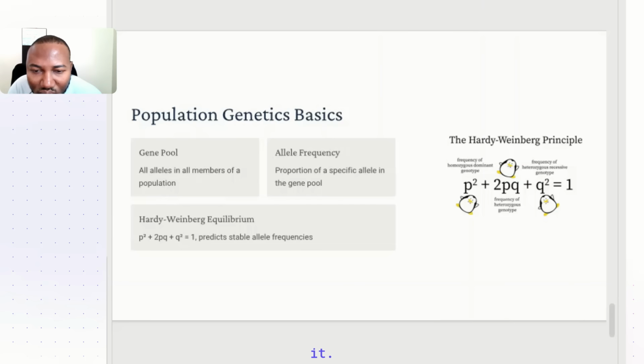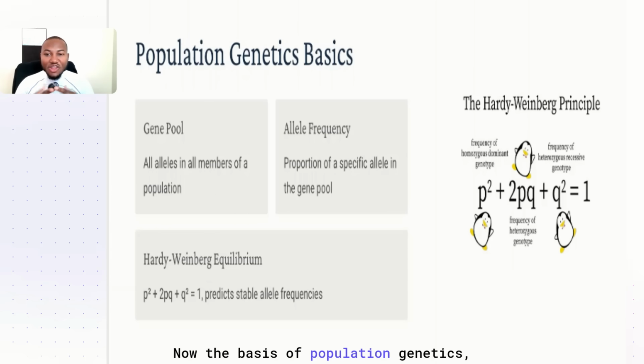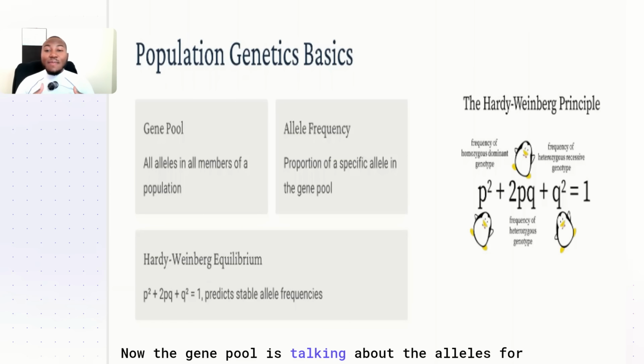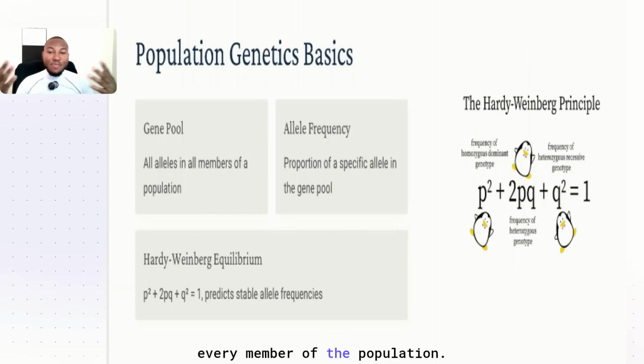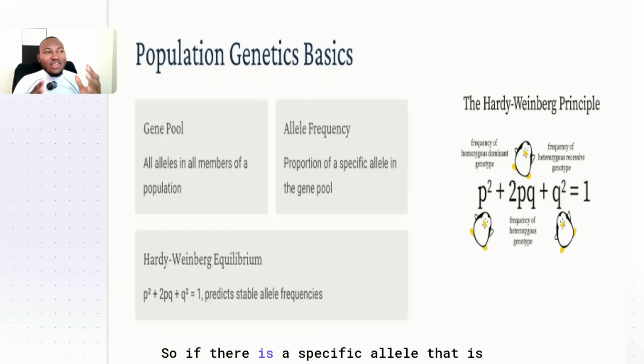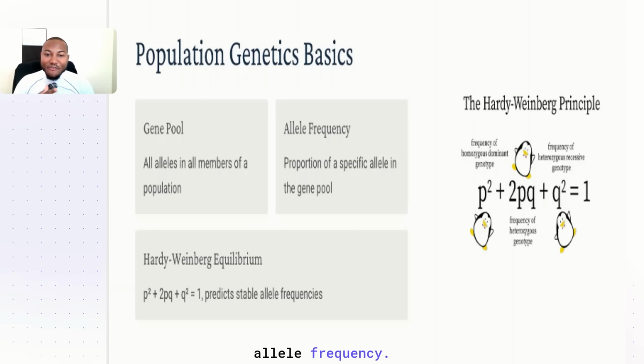All right? Now, the basis of population genetics: we have gene pool, we have allele frequency, we have the Hardy-Weinberg equilibrium equation. The gene pool is talking about the alleles for every member of the population. The allele frequency is talking about the proportion of a specific allele in the gene pool. We use the Hardy-Weinberg equilibrium to predict allele frequency.